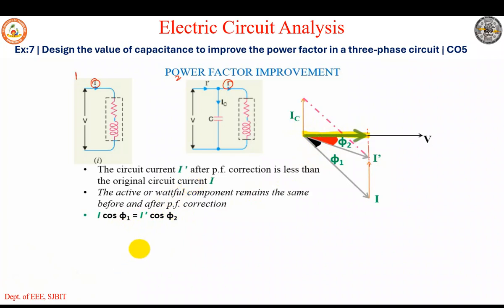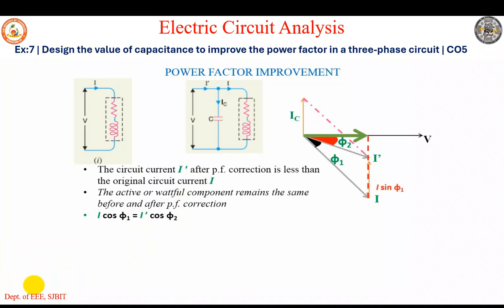Next, this arrow is nothing but your I cos theta 1 or I dash cos theta 2; it is still the same. Now this red color is your reactive component. Is it changed, or what can we decipher from this?